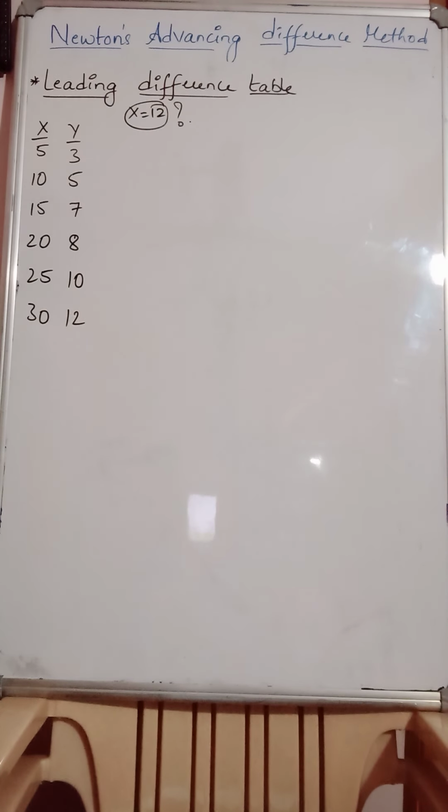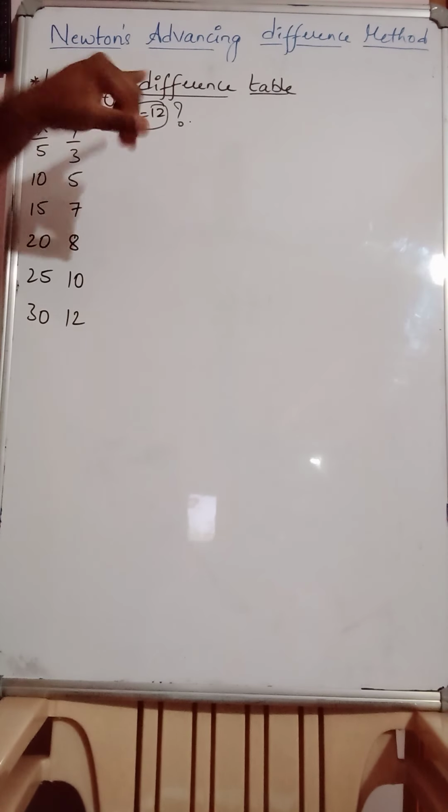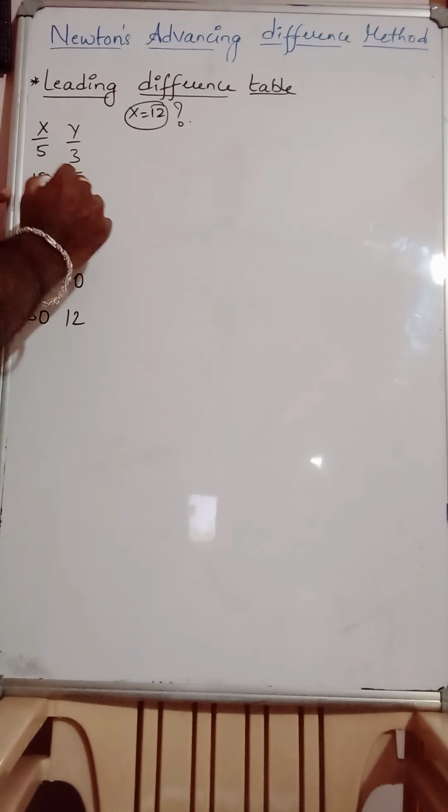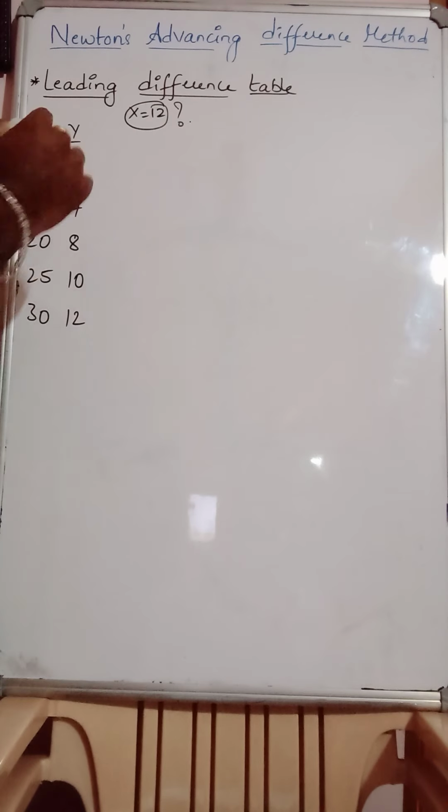Look at this example guys now. So what is to be estimated now? At x equals 12, the value which is to be interpolated at x equals 12, what is the value of y? At x equals 12 means where is it? Here it will be, the beginning of the data. Right? The y value at x equals 12 we should estimate.